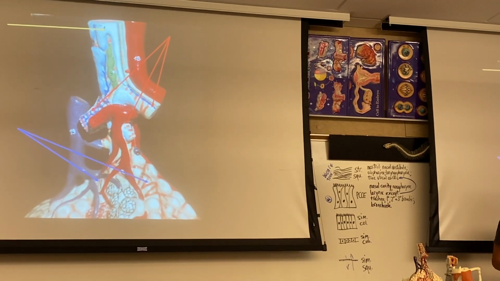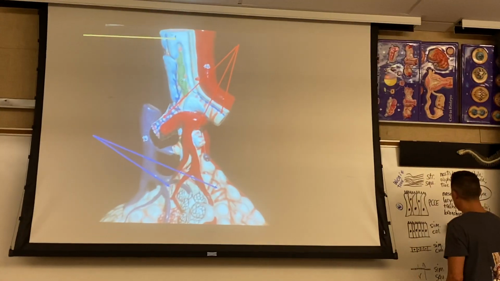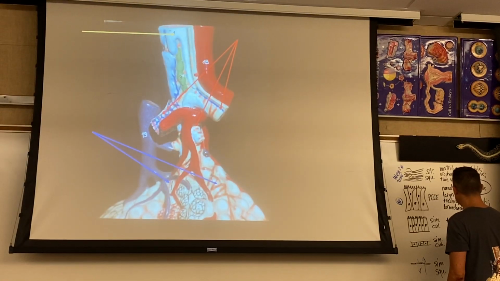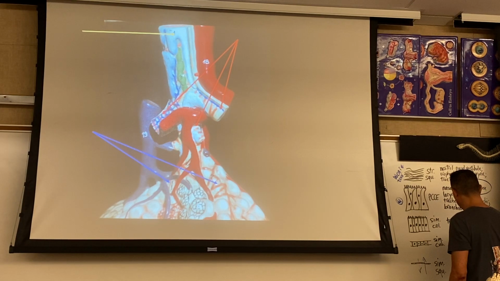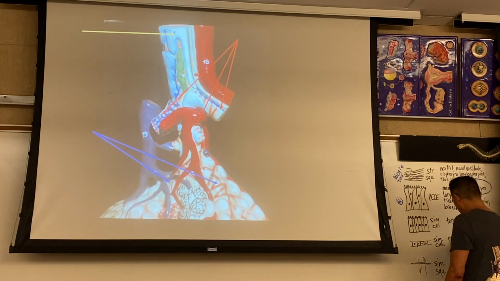That's the last structure that has pseudostratified columnar epithelium. Terminal bronchioles is this. Respiratory bronchioles is this. Alveolar ducts are this.